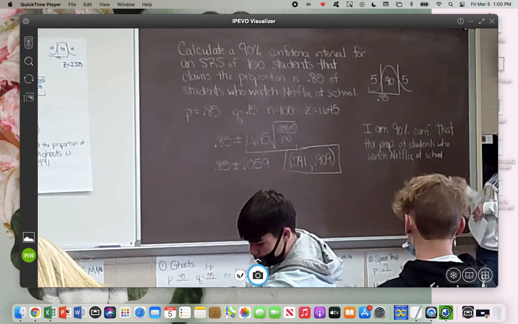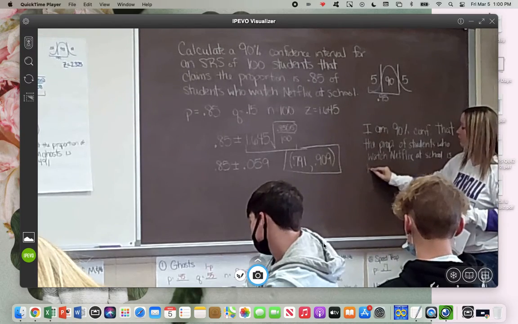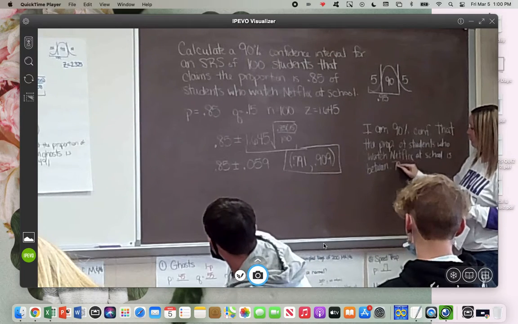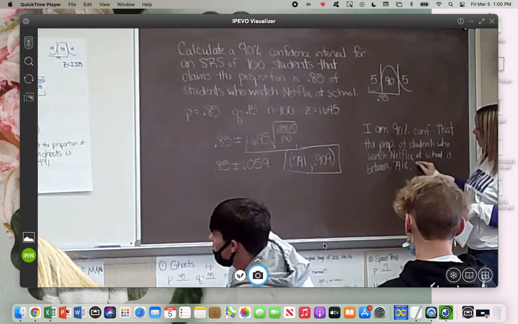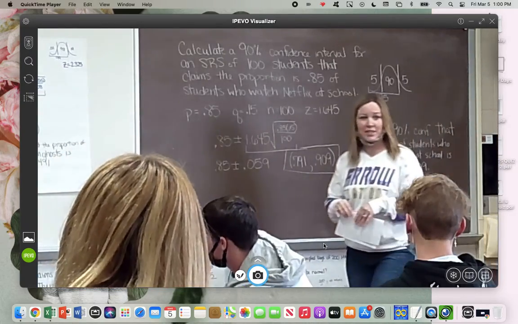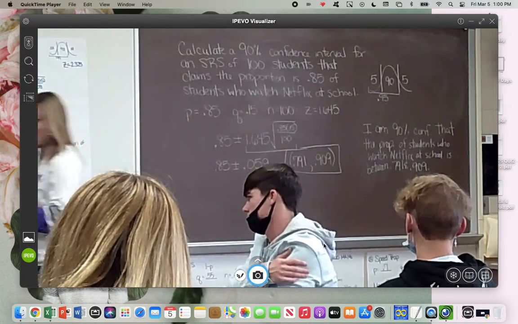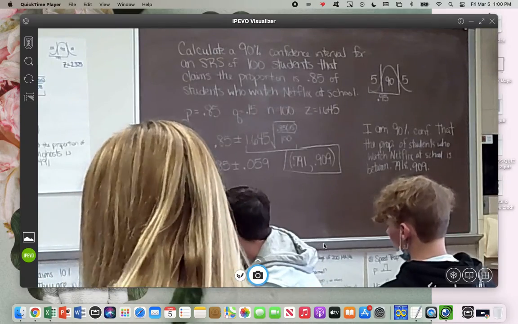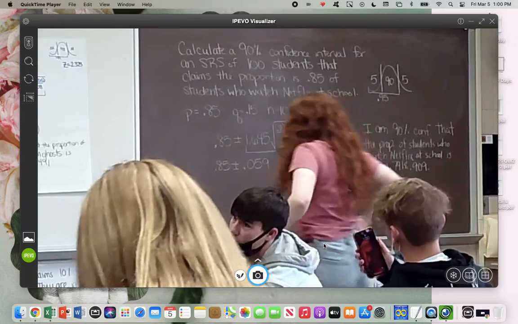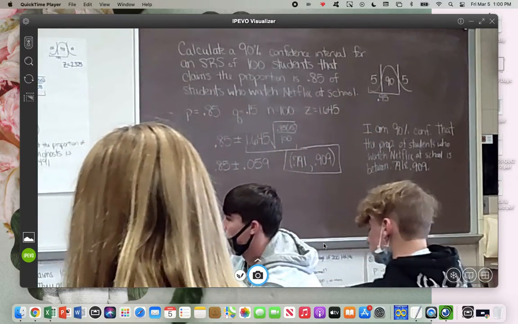Is what? There we go. See, the interpreting part's really not that hard, is it? But guess what? That's worth like 2 points out of 5 usually, just writing that sentence.